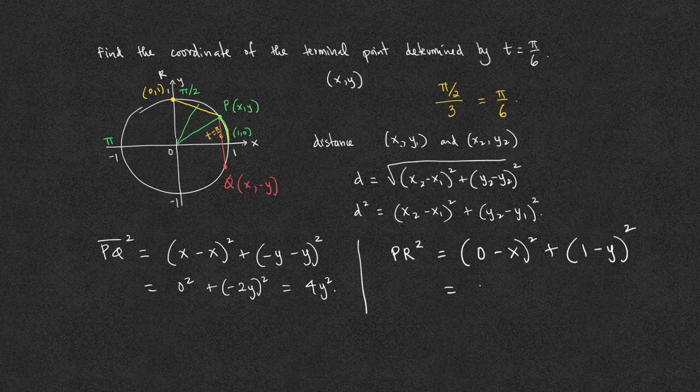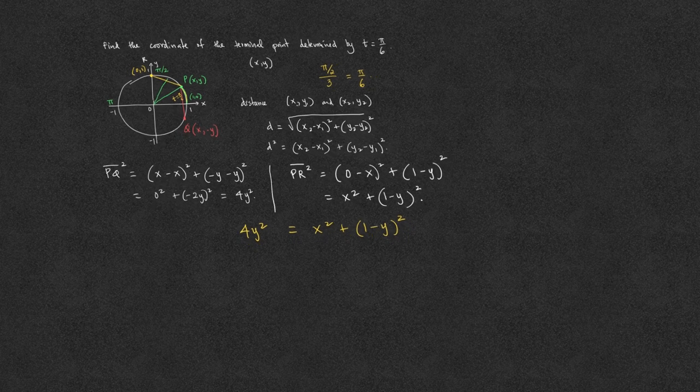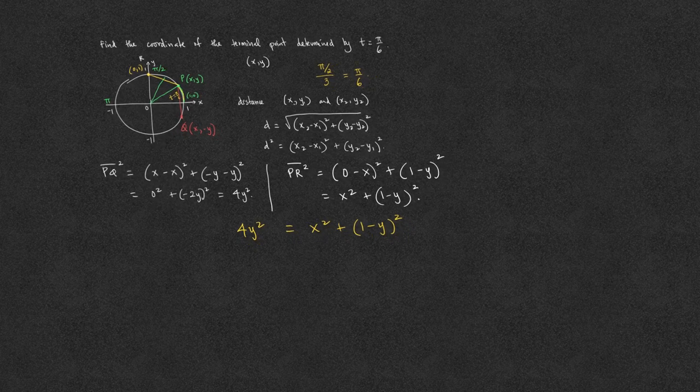And this is x squared plus 1 minus y squared. These two distances are the same, and so we would equate the two, meaning 4y squared needs to be the same as x squared plus 1 minus y, the quantity squared. Using this equation, we will find x and y.